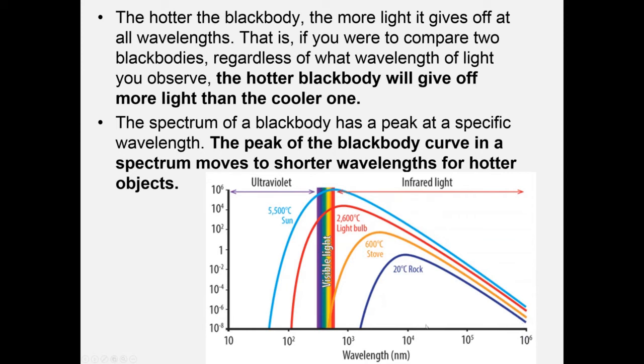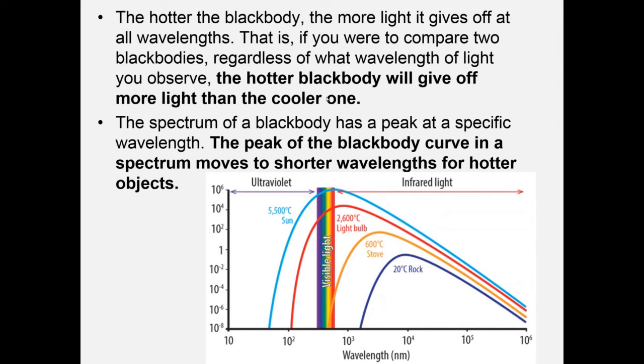That shouldn't be surprising. At 10,000 nanometers, the sun is putting out more than a light bulb, which is putting out more than the stove, which is putting out more than the rock. At all wavelengths, the hotter black body will give off more light than a cooler one. All right, that should not be surprising. No matter what, a hotter object puts out more energy.